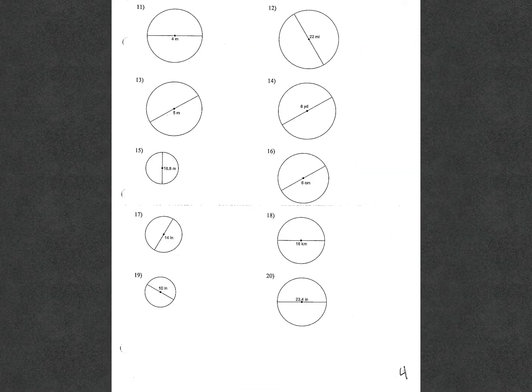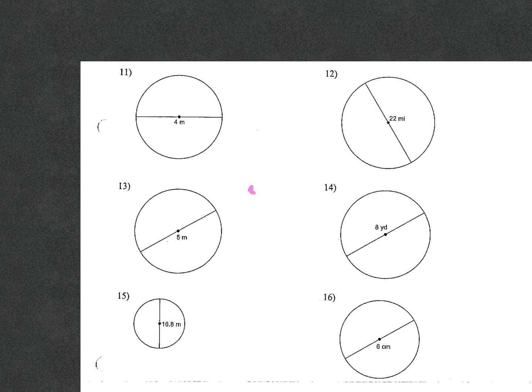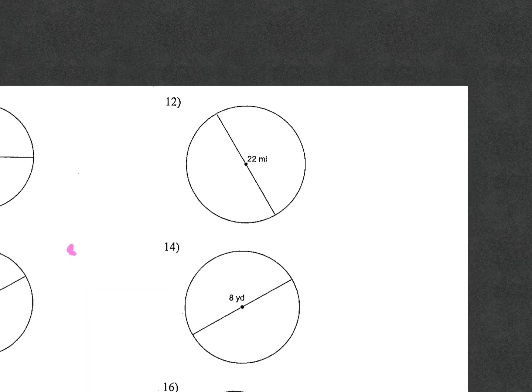Okay, we look at another page, another problem here. So I'll just pick one on this page. We'll just pick this one over here on the right. So this is the diameter, because the diameter goes all the way through. Radius is only half. So C equals pi times diameter.